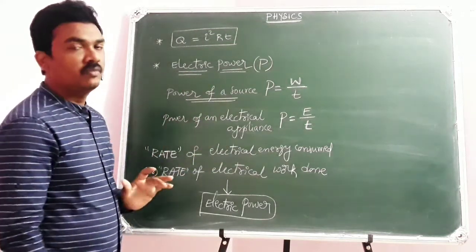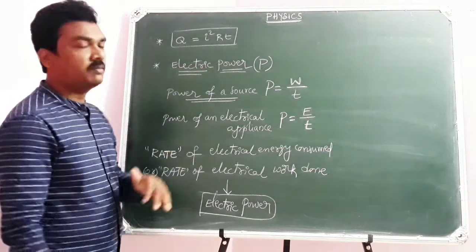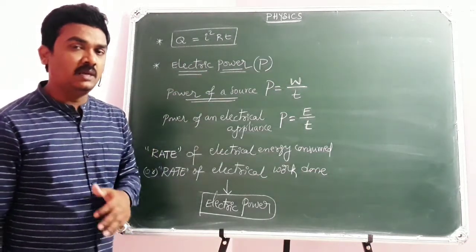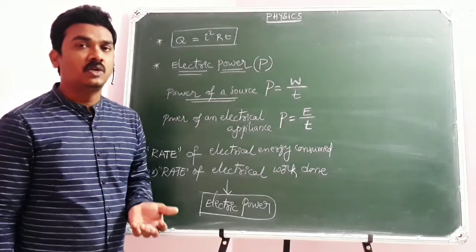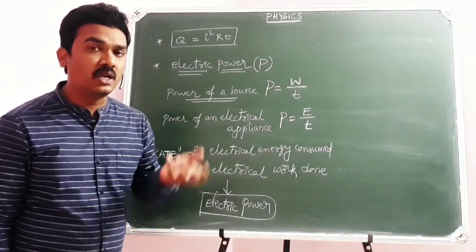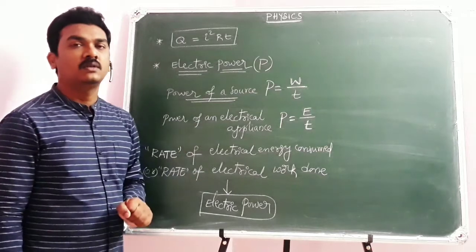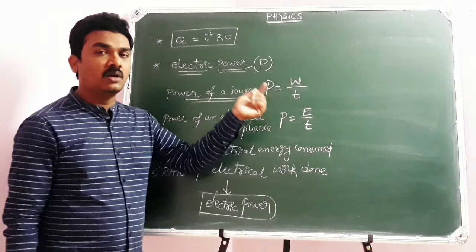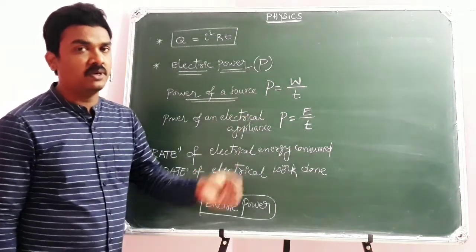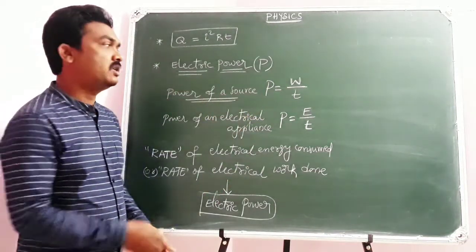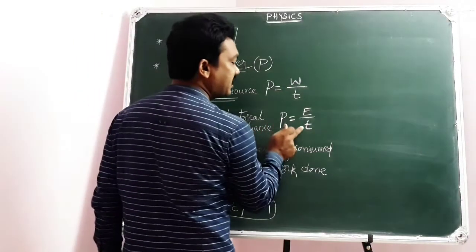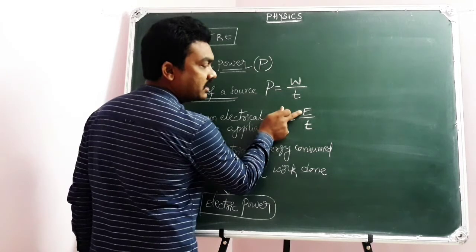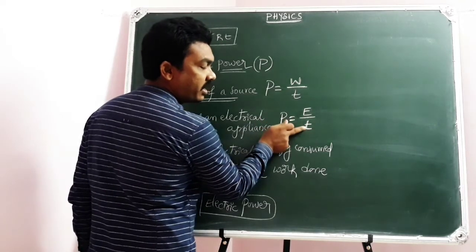So I'm concluding. What is our topic? Electric power. The electric power of an appliance explains the ability of the electrical appliance to consume the given electrical energy. And electric power is measured as the amount of electrical energy consumed per unit time, so that P is equal to E by T. P for electric power of the appliance, E for electrical energy consumed, T for time interval.